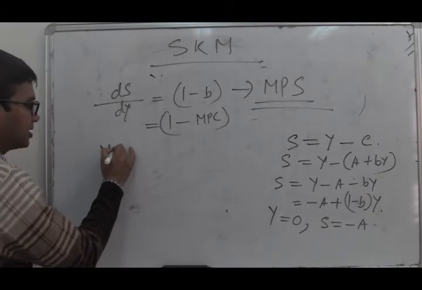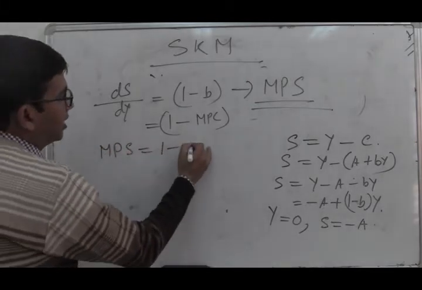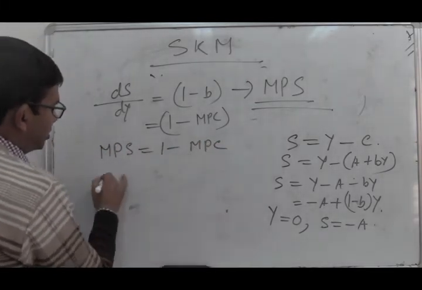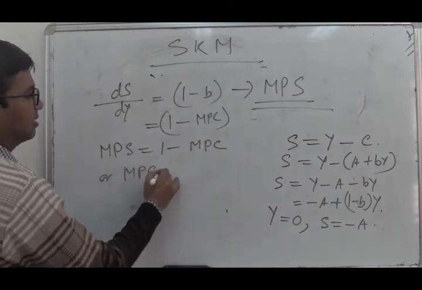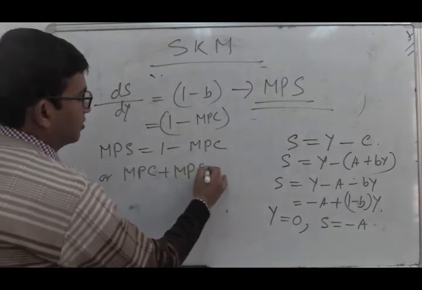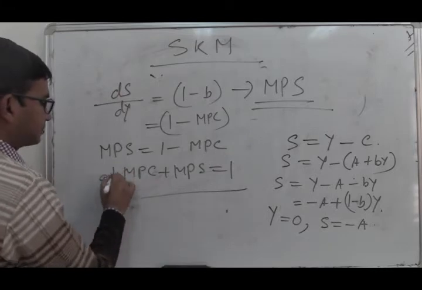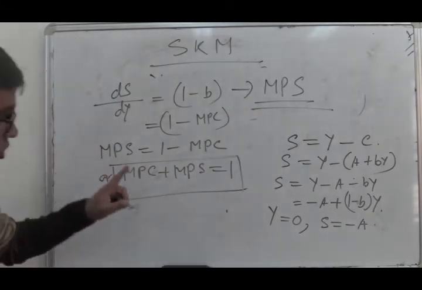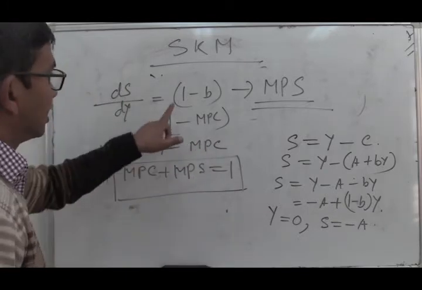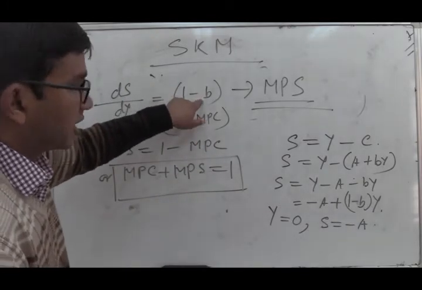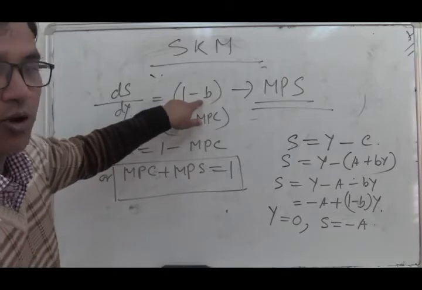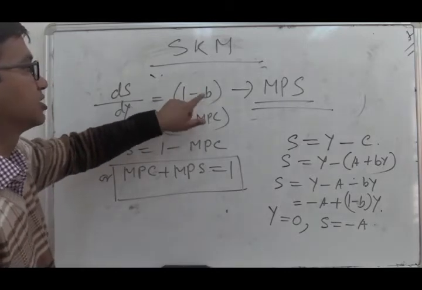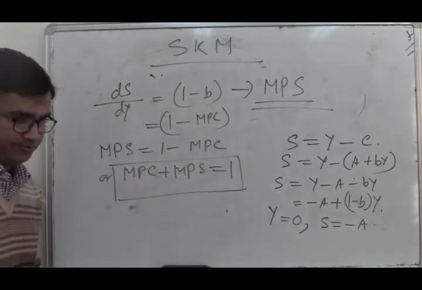So MPS equals 1 minus MPC, or in other words MPC plus MPS will be equal to 1. So the higher the marginal propensity to consume, the lower will be the marginal propensity to save.